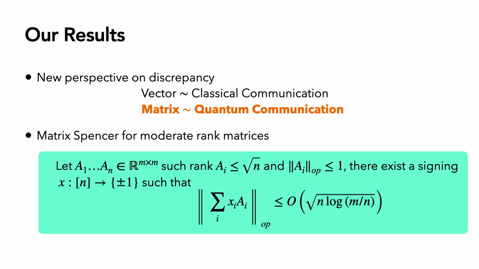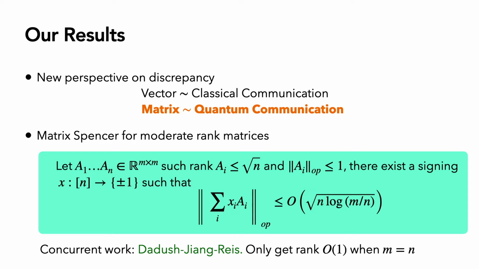This theorem has the same bound as the matrix Spencer conjecture, with the additional constraint of the matrices being of rank square root of n. In independent and concurrent work, DJR propose a framework towards matrix Spencer, but under the framework, they only get a constant in the important case when m equals n.